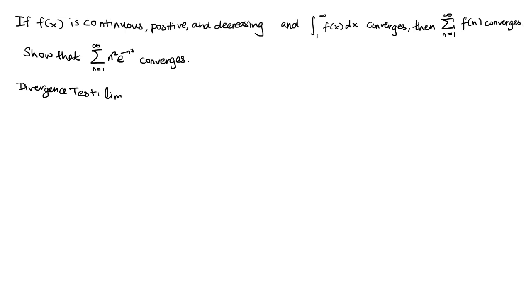When we look at the limit as n goes to infinity of n squared e to the negative n cubed, this is the limit as x goes to infinity of x squared over e to the x cubed.